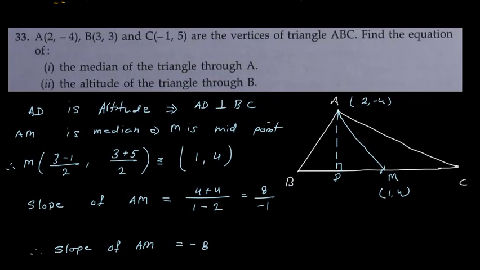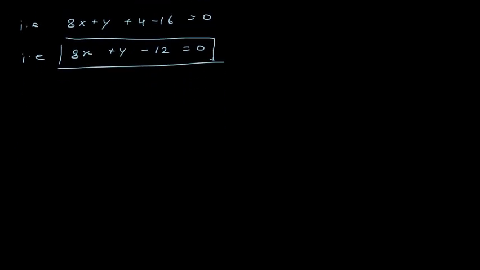Now I have to find equation of AD also. So AD is perpendicular to BC. So the second part, we have AD perpendicular to BC. Therefore slope of AD into slope of BC is equals to minus 1.